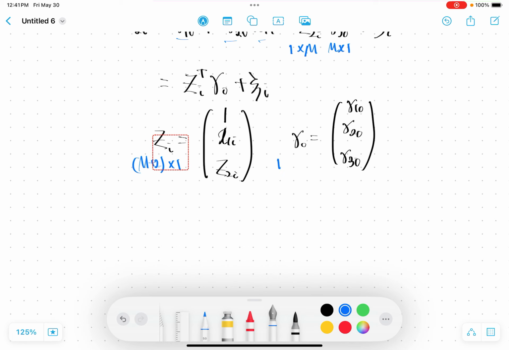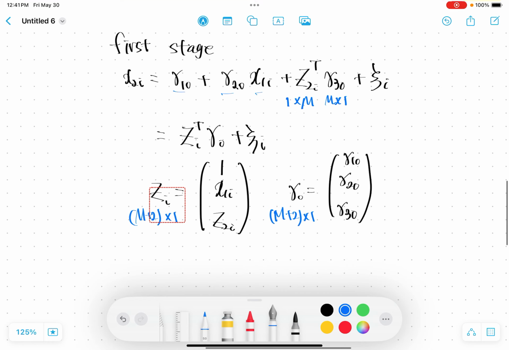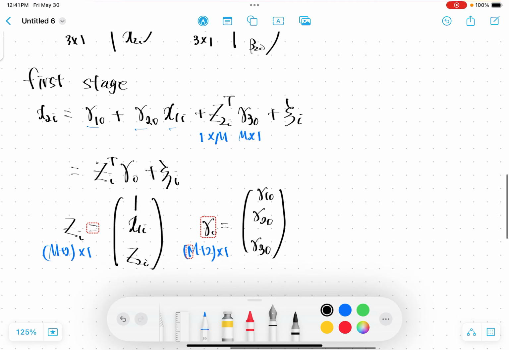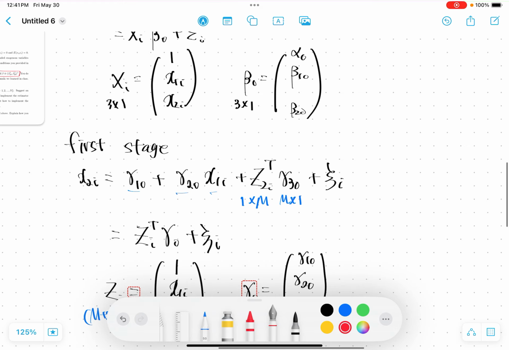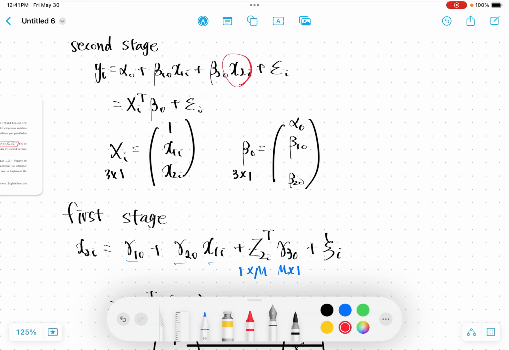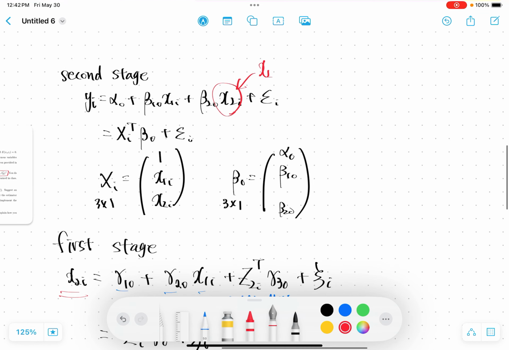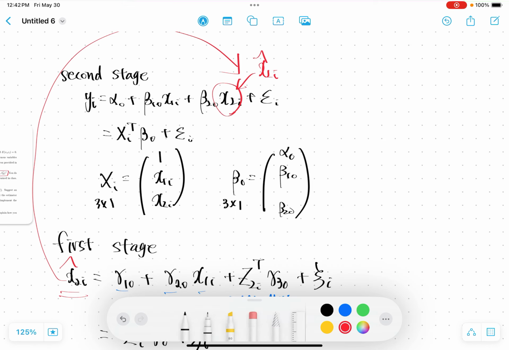It is also an m plus 2 by 1 vector. Okay, that is the first stage. As you know, our strategy is to predict x2 and replace this endogenous variable with x2 hat. We estimate x2 hat here and use that for the second stage. That is our strategy.